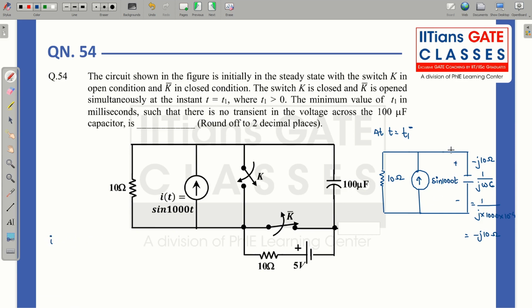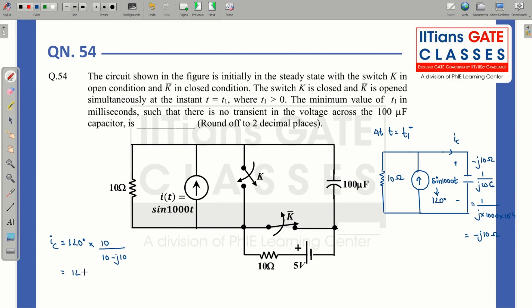So your capacitor current, let me write this in phasor as 1 angle of 0 into 10 divided by 10 minus j10.